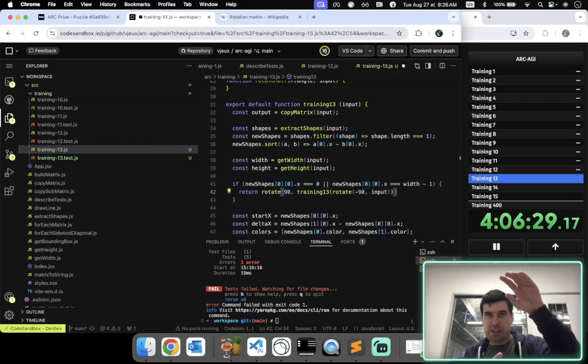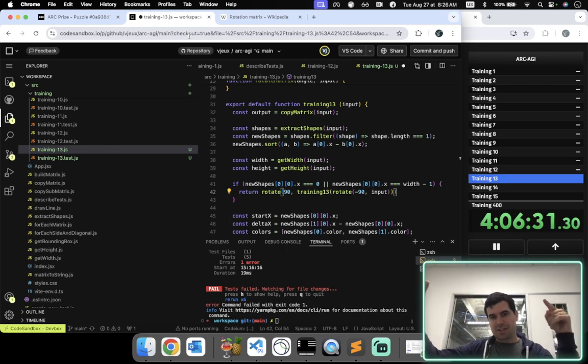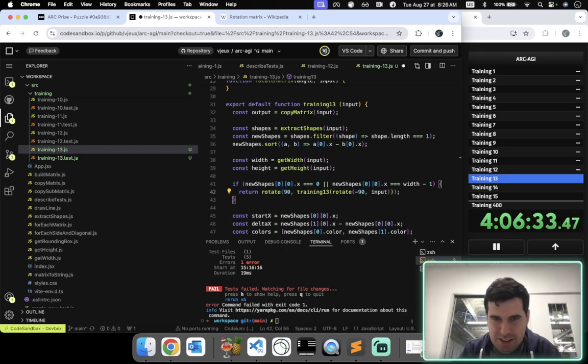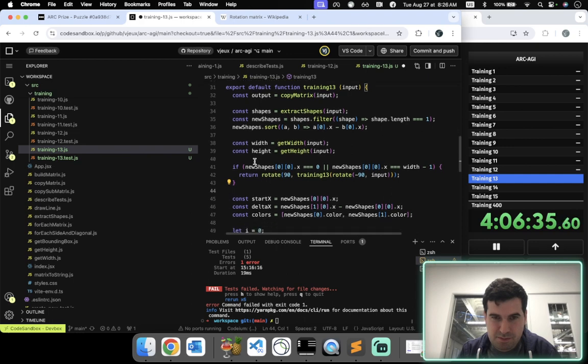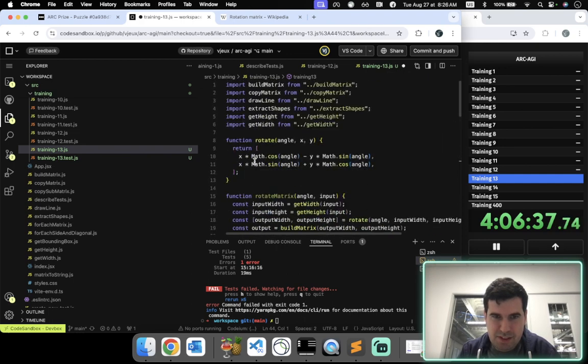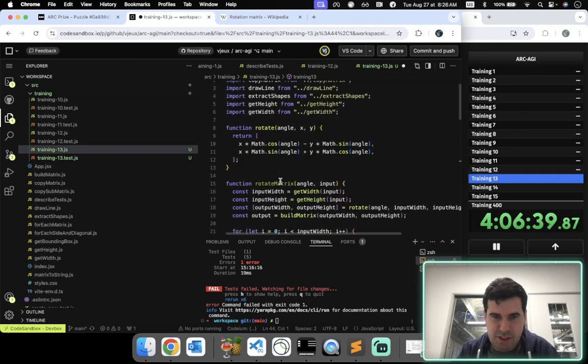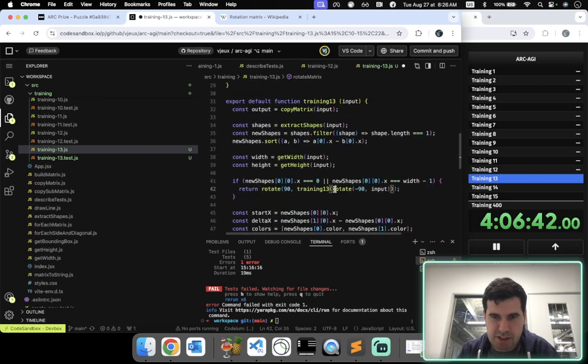So we want to rotate it one way, do the algorithm, and rotate it the other way. Okay, and this is going to be a rotate matrix, and it's probably not going to work the first time, but we'll see.